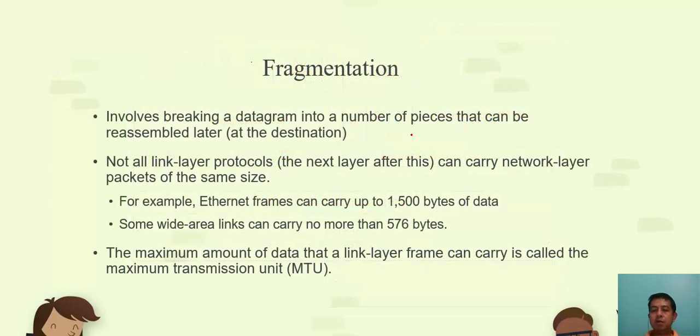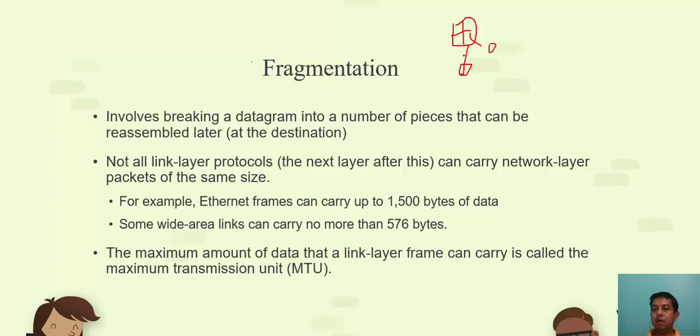Now what is fragmentation? The normal definition of fragmentation is the breaking of a datagram into a smaller number of pieces which are later reassembled. That means a particular datagram is divided into a smaller number of datagrams. These smaller datagrams are individual IPv4 packets. Clear? It is not that a particular datagram is taken and divided.